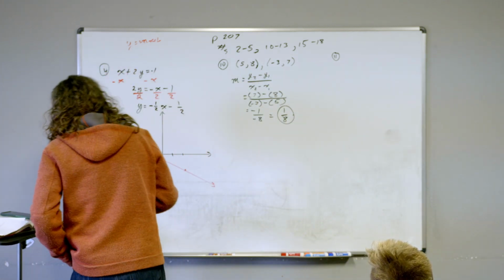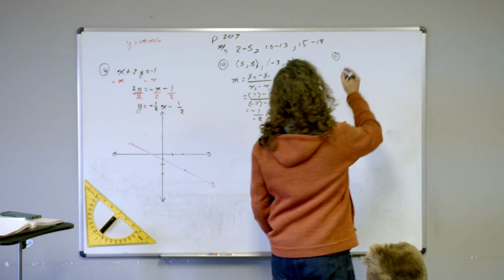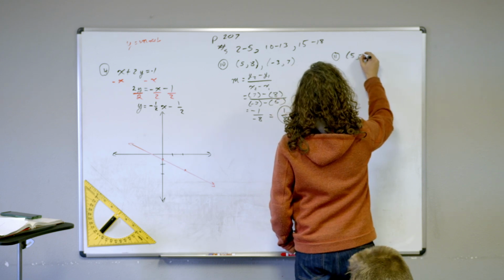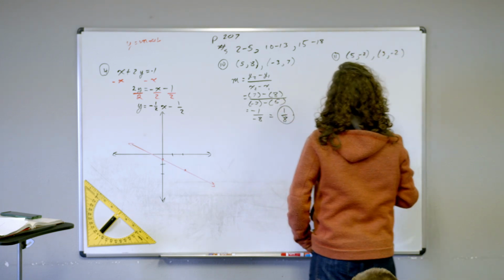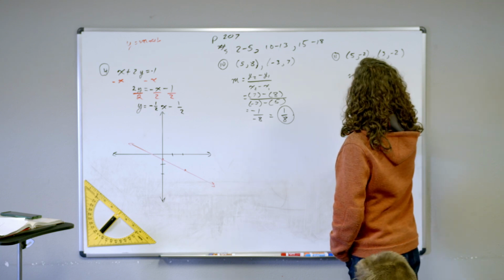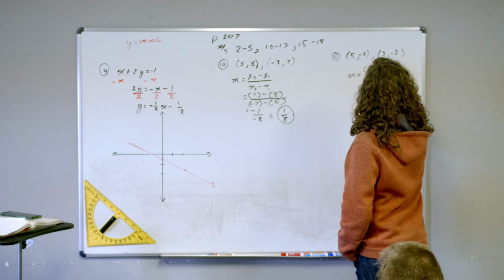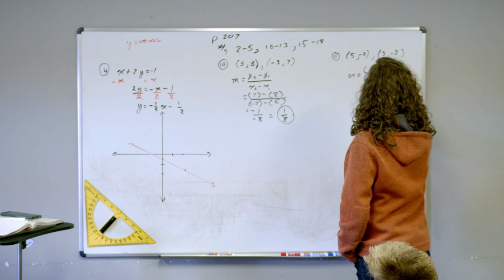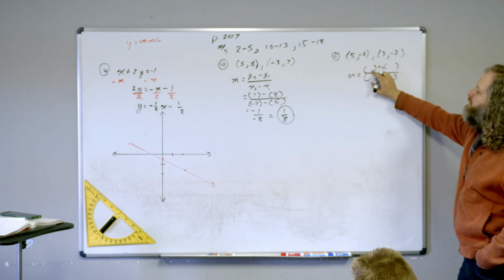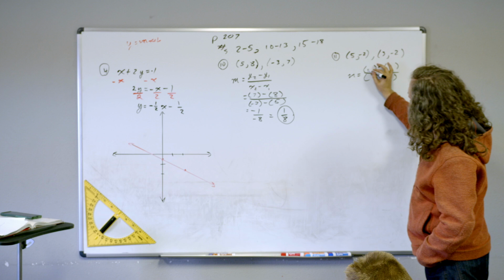So, number 11, 5, -2, 3, -2. What's going to go right here? Negative 2.